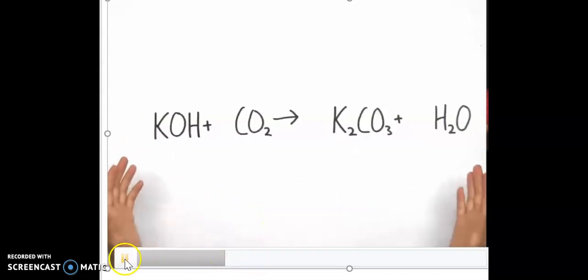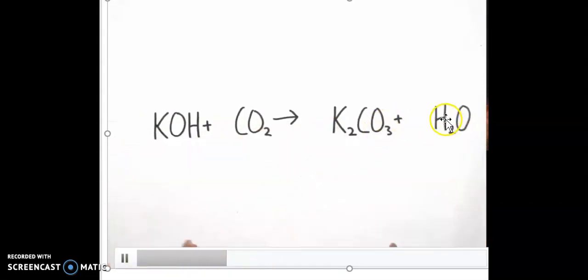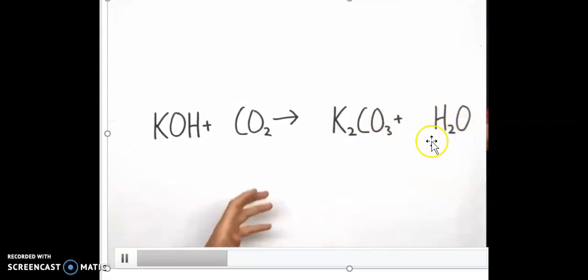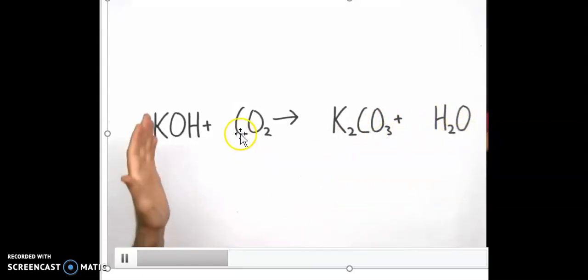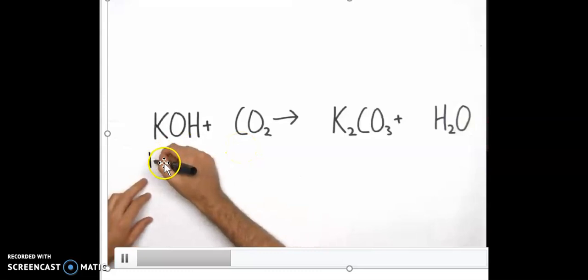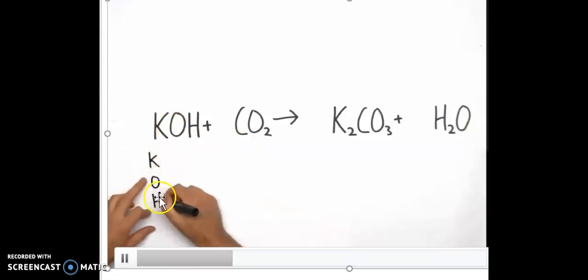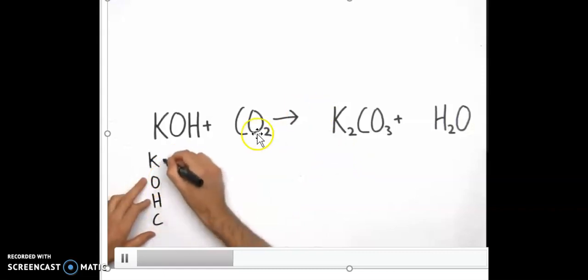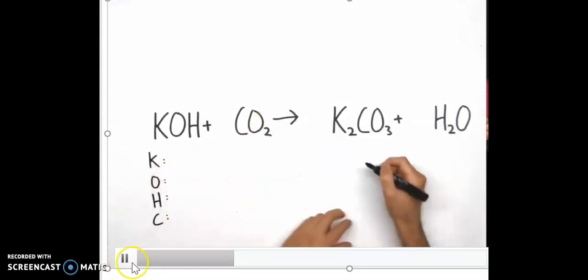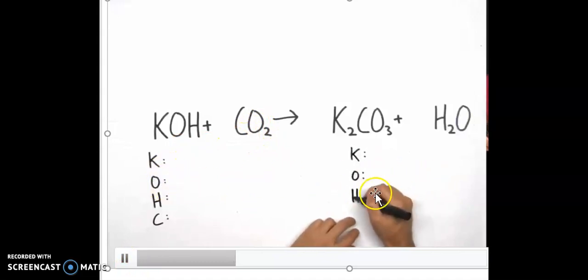Okay, so another example. This time there's a lot of oxygen, so we need to consider each one of them. So again, first thing to do, enumerate all the elements involved. We have potassium, oxygen, hydrogen, then we have carbon. No need for us to write the oxygen again because we have oxygen already written.